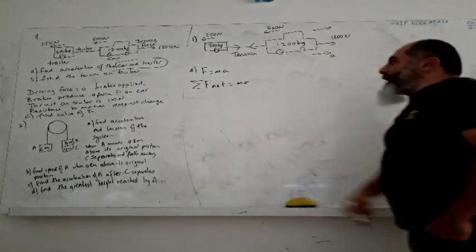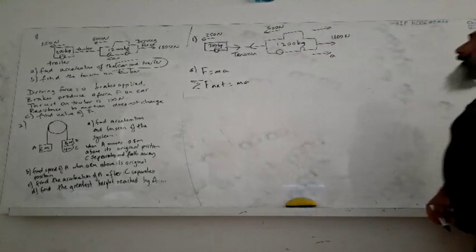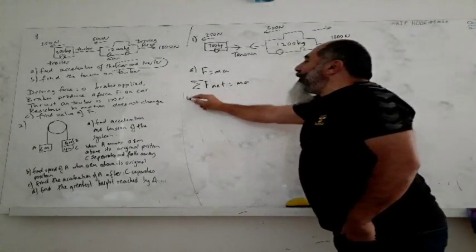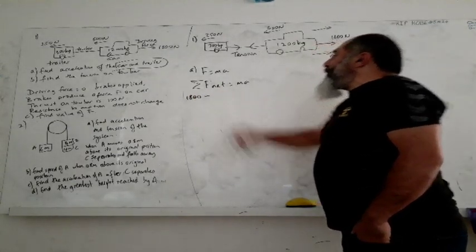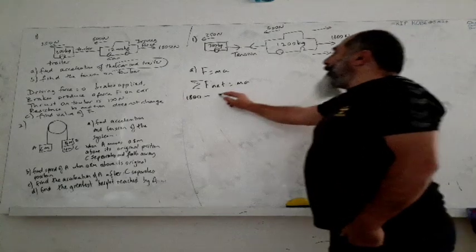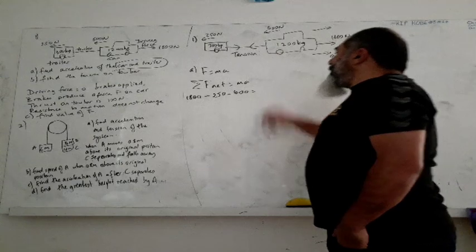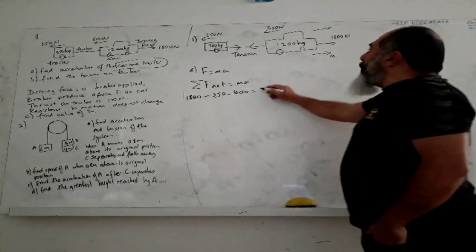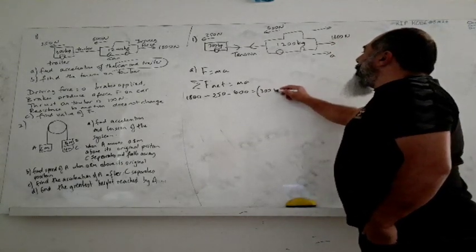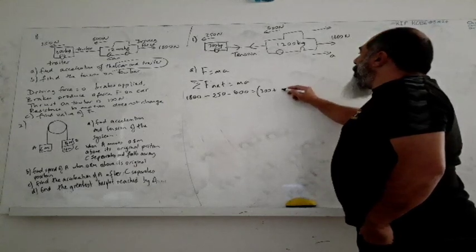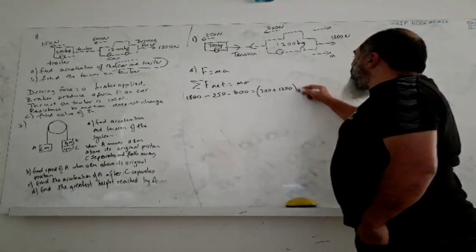Net force is the driving force of 1800 newtons minus the opposing forces, 250 and 600, which is equal to the total mass of 300 plus 1200, 1500, times the acceleration.